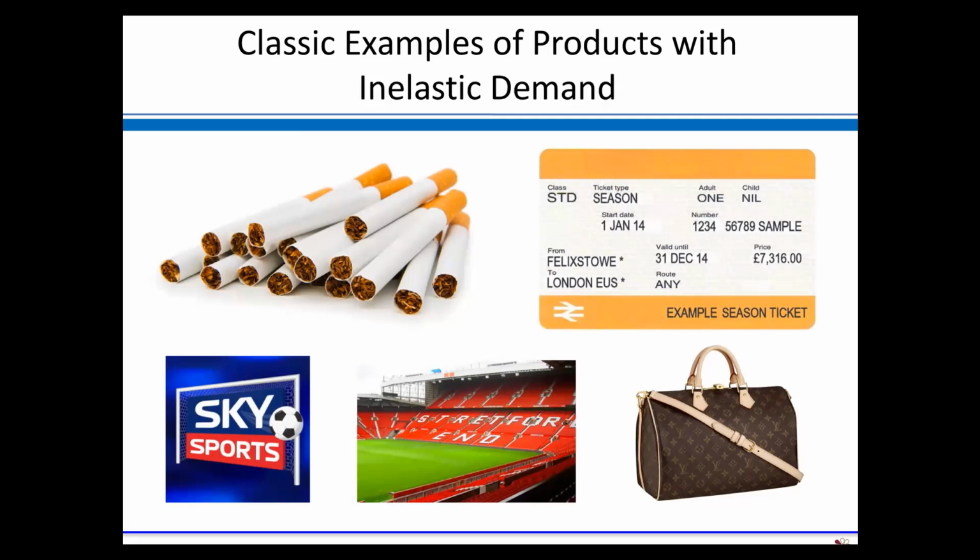Similarly, if you simply have to get from Felixstowe to London each day, or you have to have a season ticket, there's not a lot you can do when the price of the season ticket goes up. The chances are you're still going to demand it. Or if you've got products that you simply can't do without in the leisure sector, so maybe your monthly Sky or BT Sports subscription. Or if you absolutely have to have a season ticket to go watch Man United or Harrogate Town. Again, those are price inelastic products.